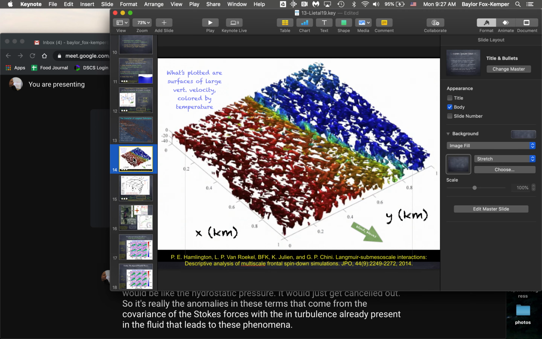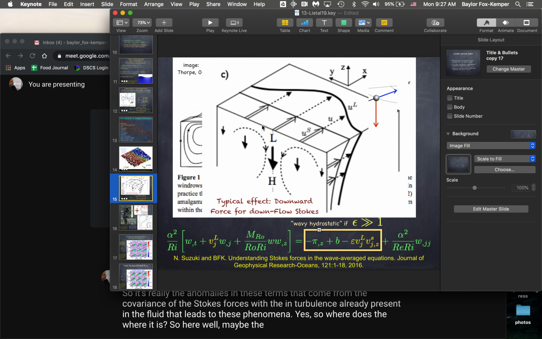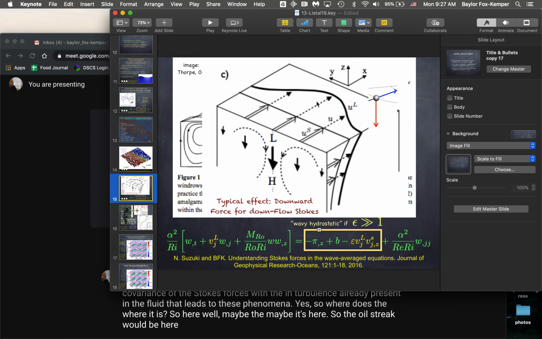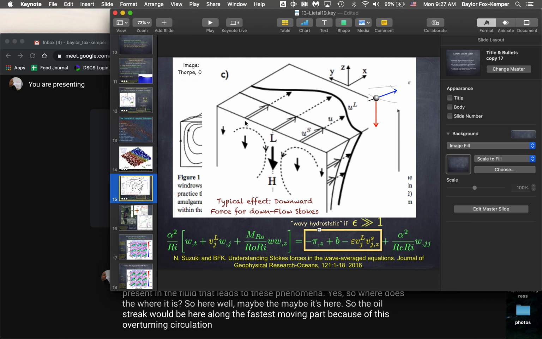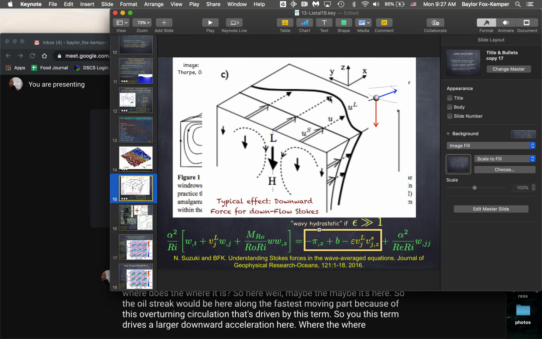Yes. So here, well, maybe it's here. So the oil streak would be here along the fastest moving part because of this overturning circulation that's driven by this term. This term drives a larger downward acceleration here where the Lagrangian velocity is largest. Here the Lagrangian velocity is smaller.